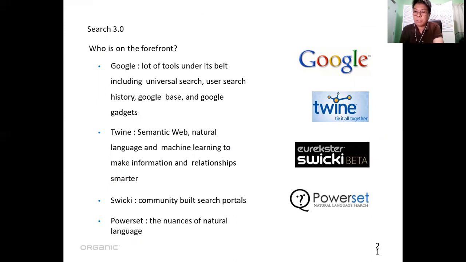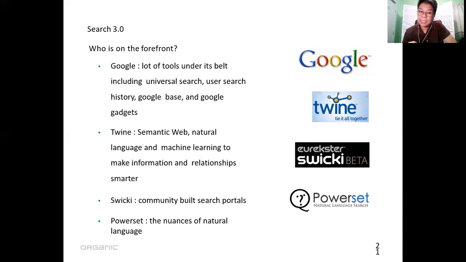The forefront is Google has a universal search and user search and history. So there's gadgets for Google. Now for Twine, you have the semantic web, natural language, and machine learning for smarter relationships. So these are actually the applications or platforms that are now in the forefront.